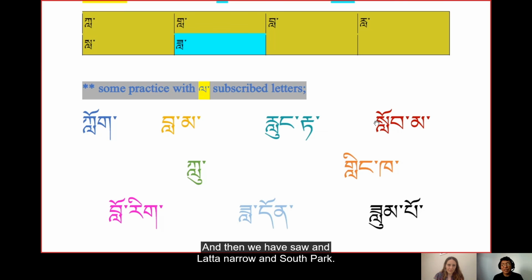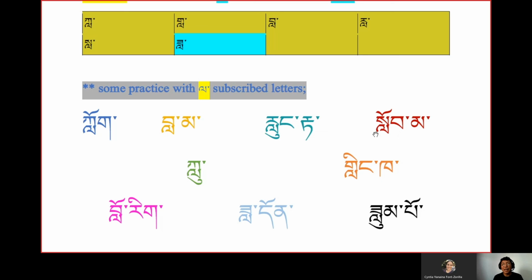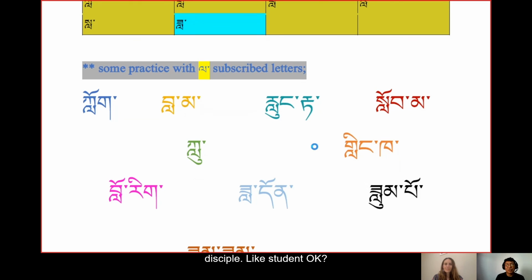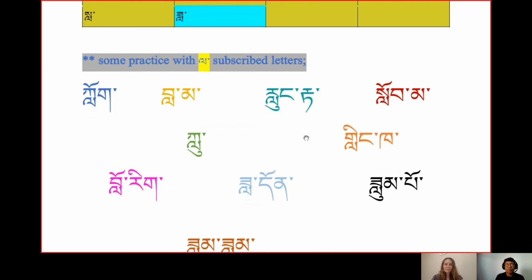Then we have sa and lata, naro, and suffix pa. So sa, lata, la, naro, lo, pa, lop. And then we have ma, which becomes lopma. Lopma means a disciple, like a student.